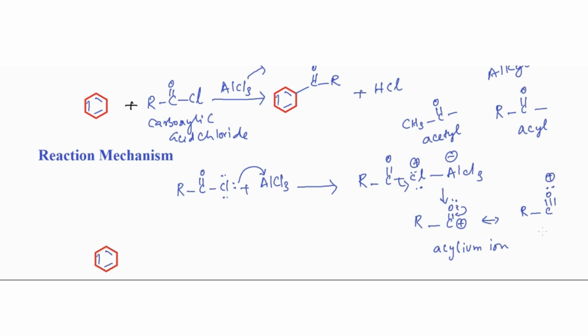So this is the first form and this is the second form, and the second form is most stable because the carbon and the oxygen both are having octet. But in the first form, the carbon is having a sextet. That's why the second form is most stable. Okay, and this acylium ion is going to be involved in the second step.